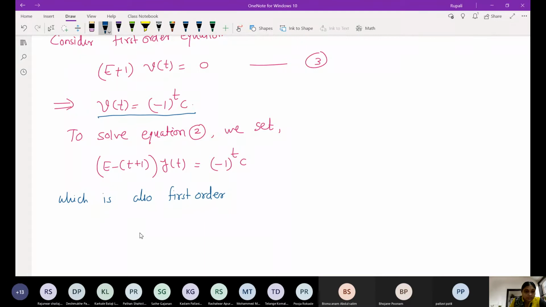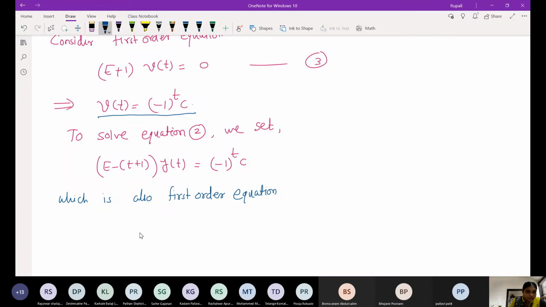It is a first order difference equation, equivalent to y at t plus 1 minus p of t y(t) is equal to r of t.